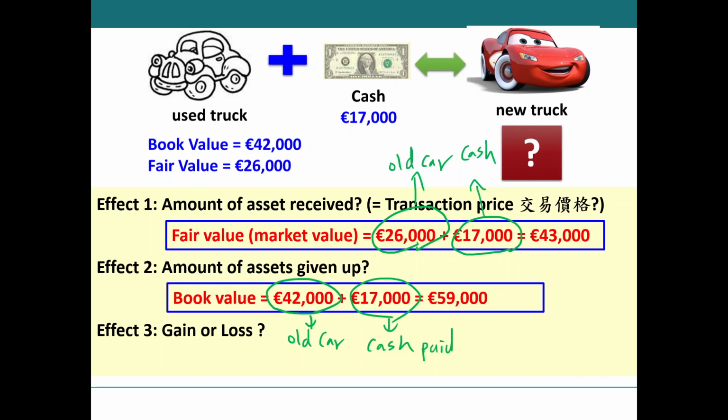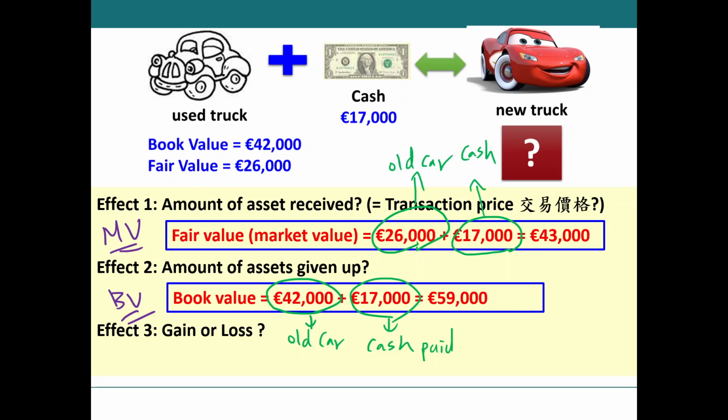You got the new car from the market. So you will get the selling price, the market value. Okay? So you give up the book value. You got the market value. Is this transaction your gain or loss? Compare these two.